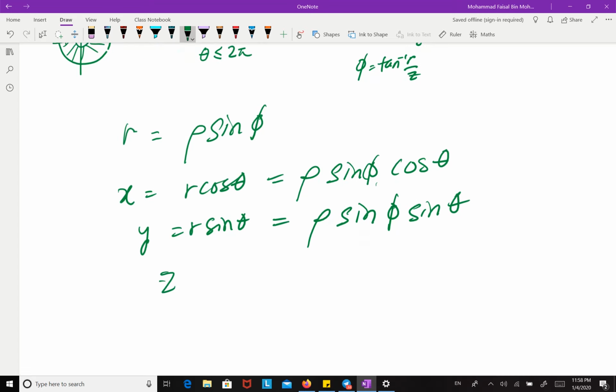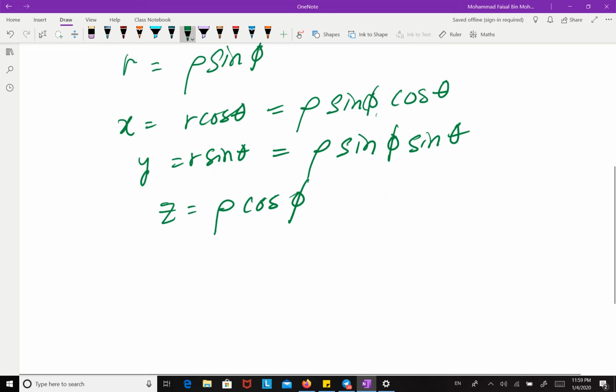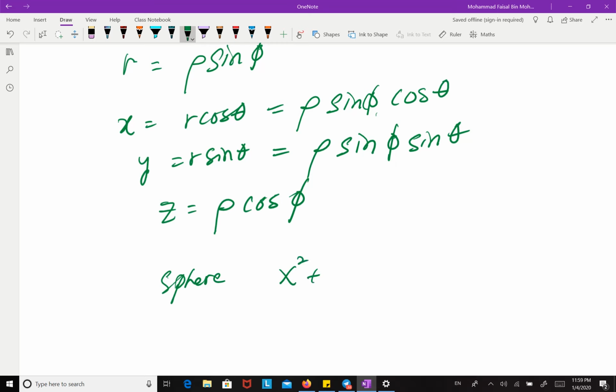Your Z is rho cos phi. So in a sphere, x squared plus y squared plus z squared will be rho squared.